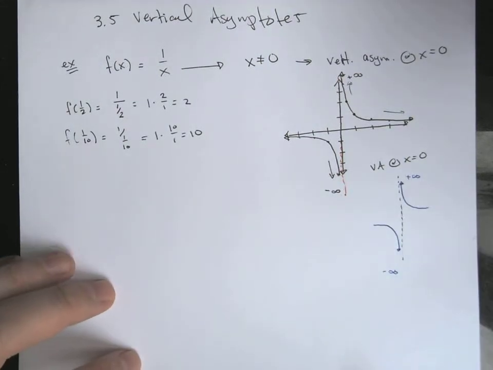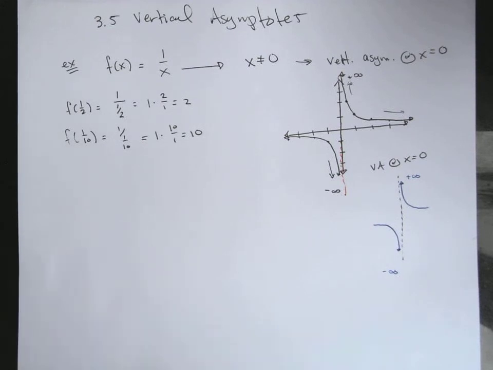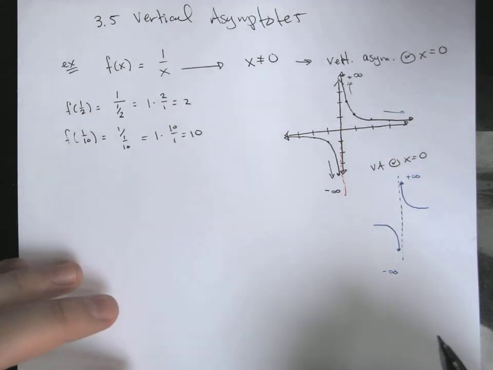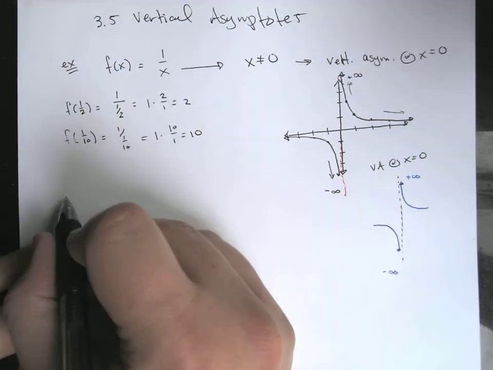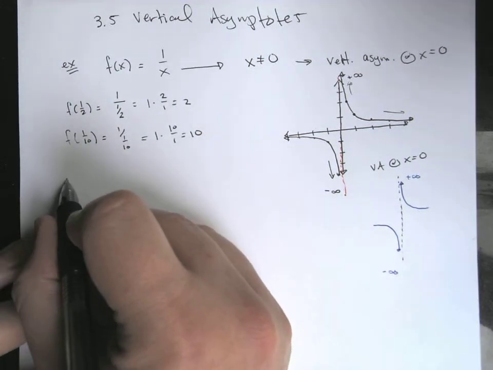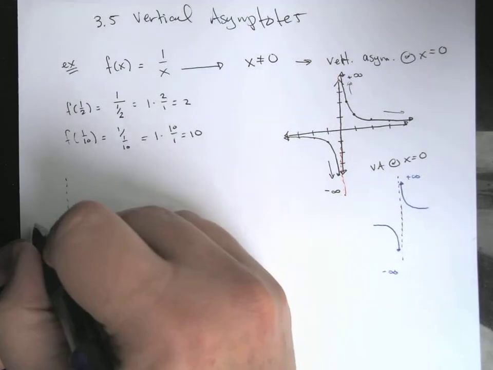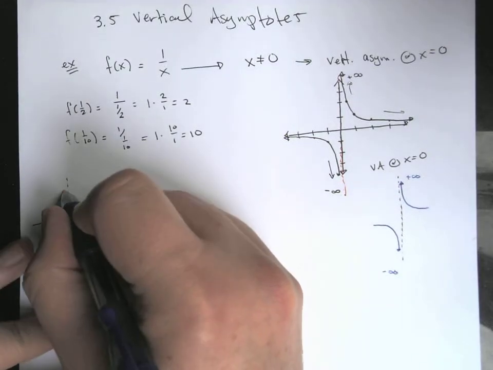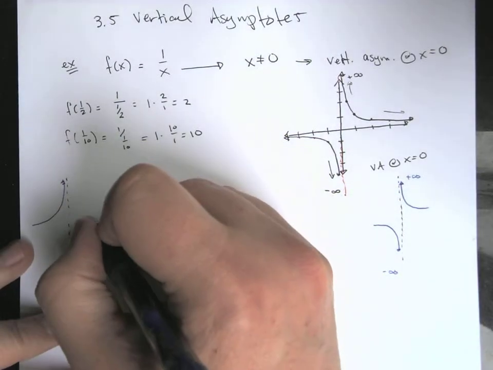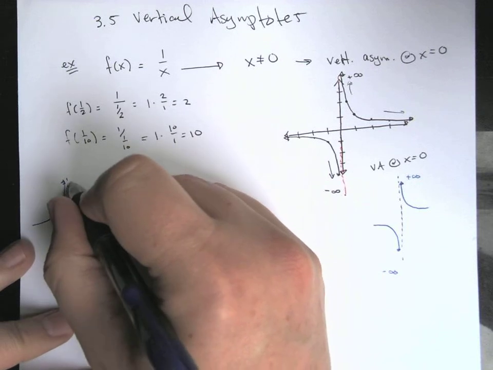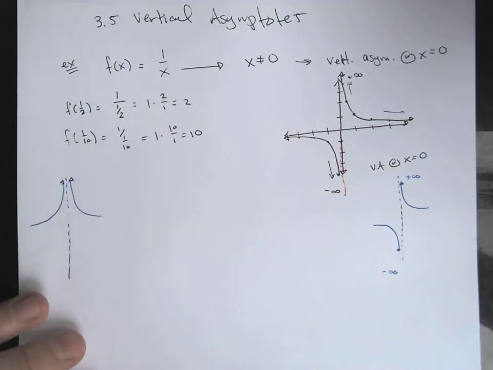That's the 1/x example. In theory, we could have lots of different things that happen. I guess lots and lots is maybe overselling it. But you could have something where both sides agree. So maybe you have something where they both are coming at it and shooting up to a positive value.